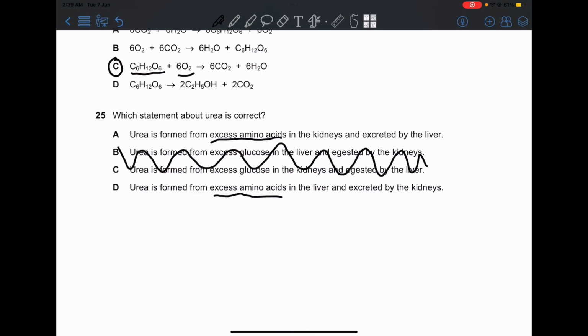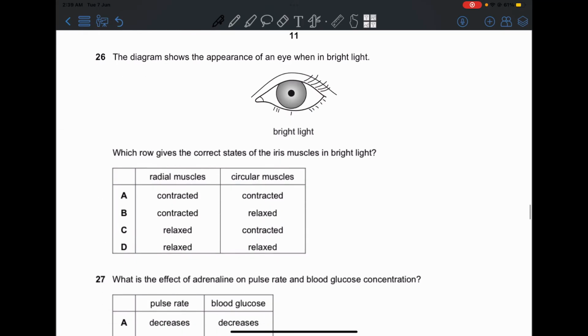Now, let's read options A and D. Urea is formed from excess amino acids in the kidney and excreted by the liver. This is actually the opposite. It is made in the liver and it is excreted by the kidneys. Now, option D is exactly what I just said. It is made in the liver and excreted by the kidneys. So our answer will be D.